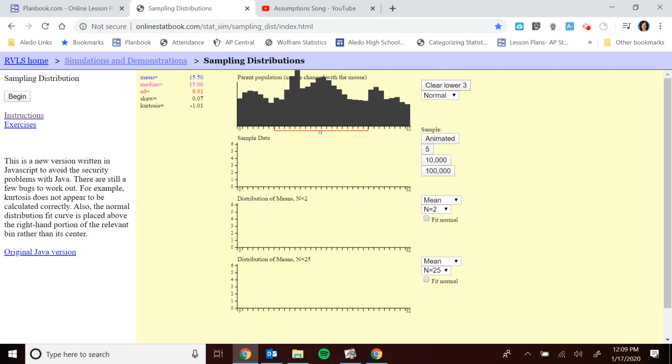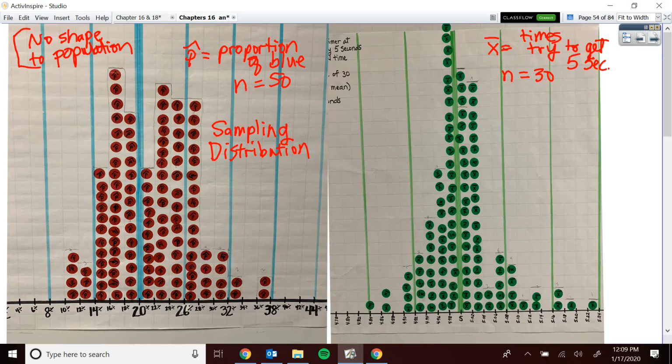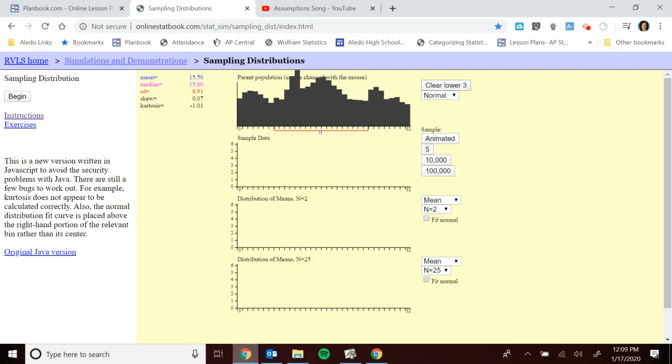Let's talk about what happened here on this picture to the right. We do not know the shape of the population because we didn't plot 3,840 times.